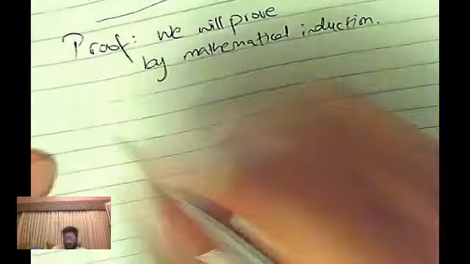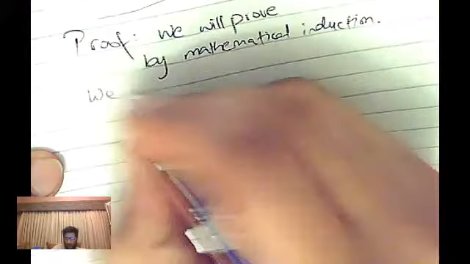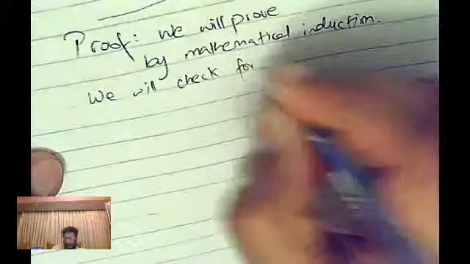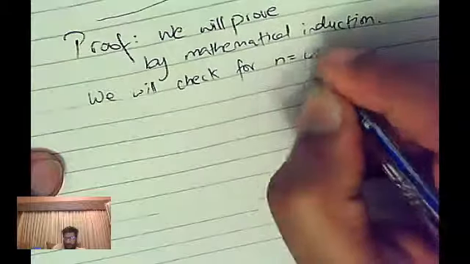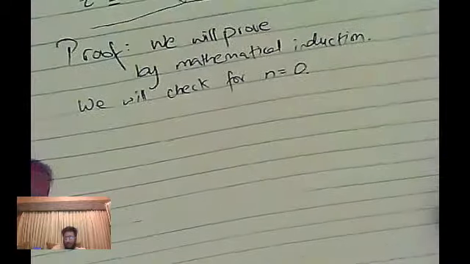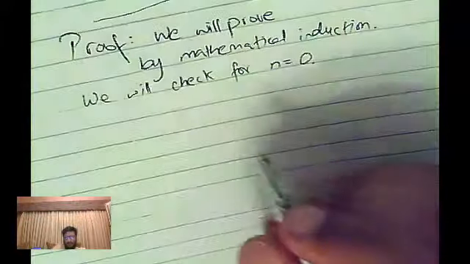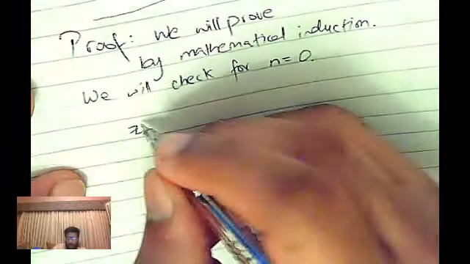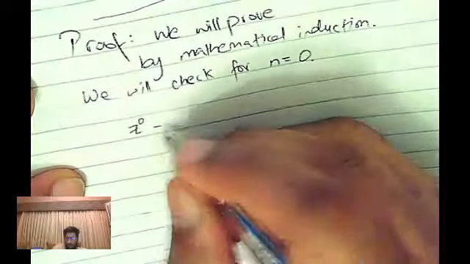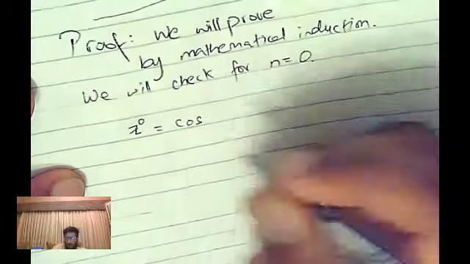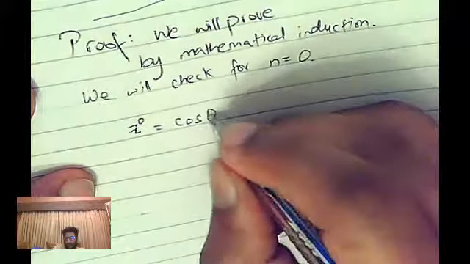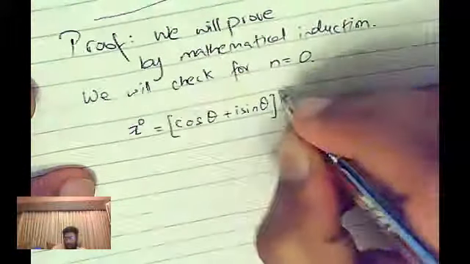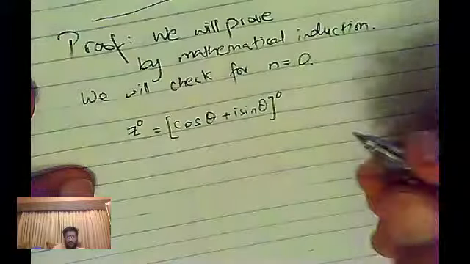So we will check for n equals 0. It means z raised to the power 0 equals cos theta plus iota sine theta whole raised to the power 0.